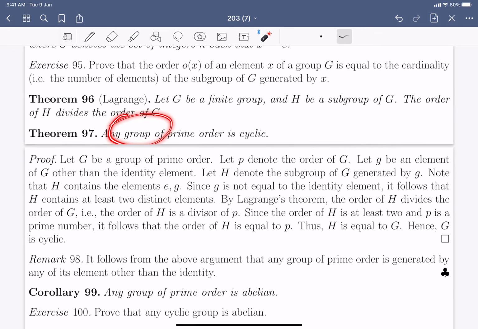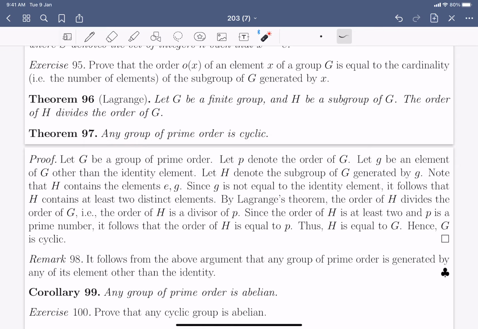Okay, great. So now, here is an interesting theorem which says that any group of prime order is cyclic. So why do we care about that? The idea is to classify as many groups as one can, or at least try to establish certain common properties of all groups, or a large class of groups, and this theorem is one of them.